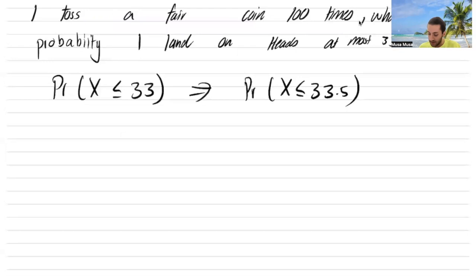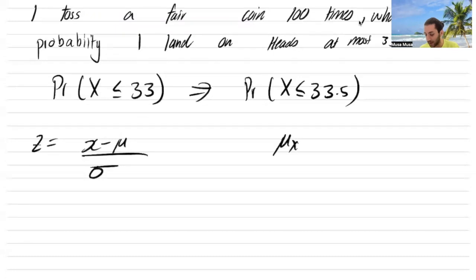Now, if I'm going to use my z equals x minus mu over sigma, I have to find what the mu and the sigma are. So mu is the mean, that's given by np. So it's given by 100 times a half, which is 50.